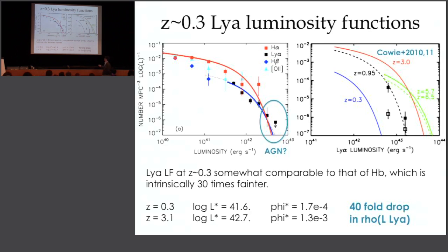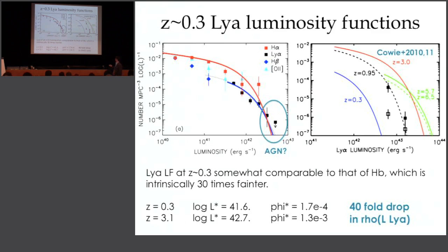It seems if you were to extrapolate this luminosity function from Lyman-alpha, you get back the H-beta luminosity function at low redshift, which is quite surprising given that, as we've seen before, Lyman-alpha is intrinsically 30 times brighter than H-beta is. So it's another way of writing that the universe is significantly underluminous in Lyman-alpha compared to how much it's really producing.